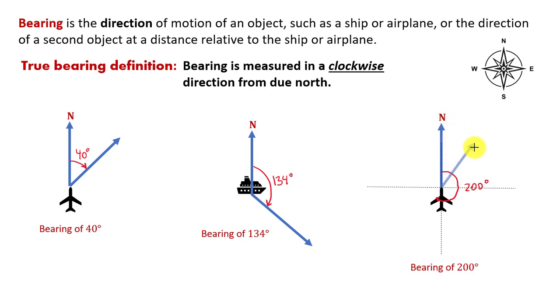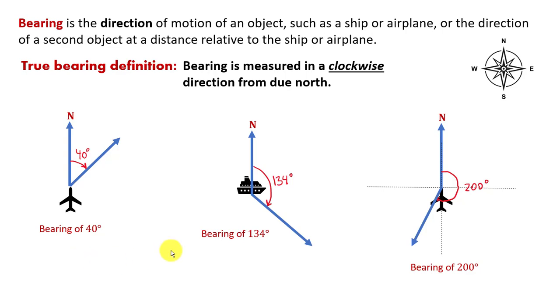So this is basically how I rotated, 200 degrees, and that's where I stop. And now this vector here shows the direction in which the plane is moving. So when we work with true bearing, we're only given a number of degrees, and automatically we know that we have to start at the north vector and rotate clockwise.